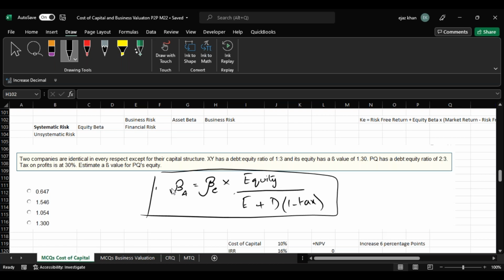So if you have the equity beta of a company, especially a geared company, a geared company is one which has debts, long-term debts in its capital structure.